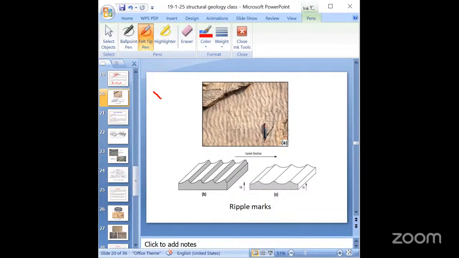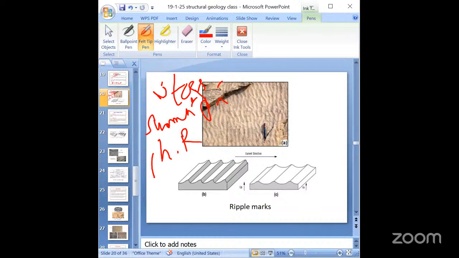The gently sloping face dipping in the opposite direction is called stoss. The crest of the ripple is called the summit point. The vertical height of the crest above the base is the height of the ripple.